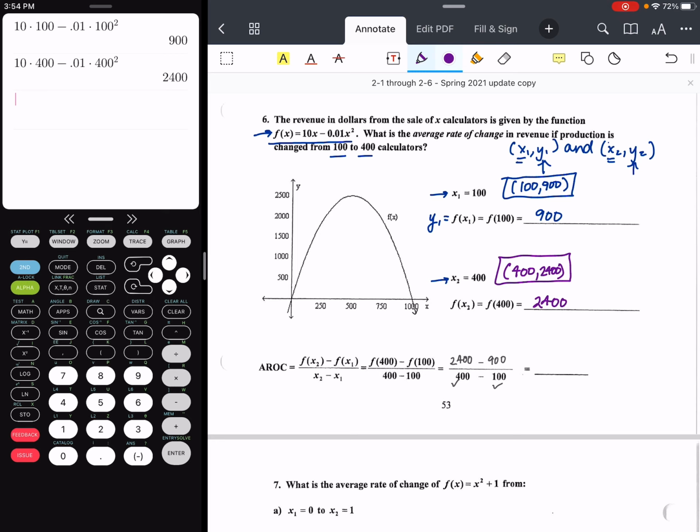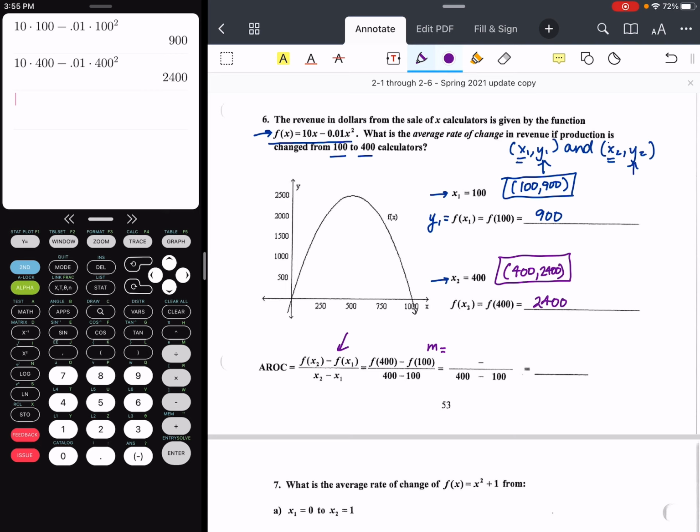So what I'm doing is I'm finding the slope between 100, 900 and 400, 2400. You could think of this in terms of this average rate of change function, but really I'm just thinking of it as a slope function.